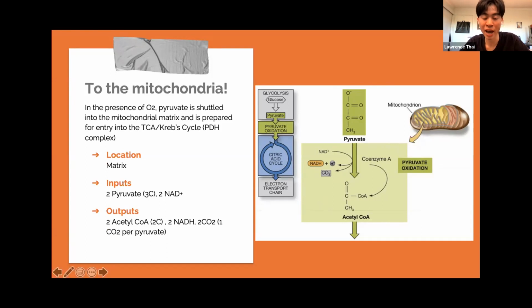It has to undergo one step to convert into a molecule called acetyl-CoA, which is still 3 carbons. It oxidizes the pyruvate into acetyl-CoA, and the enzyme is called PDH, the pyruvate dehydrogenase complex.